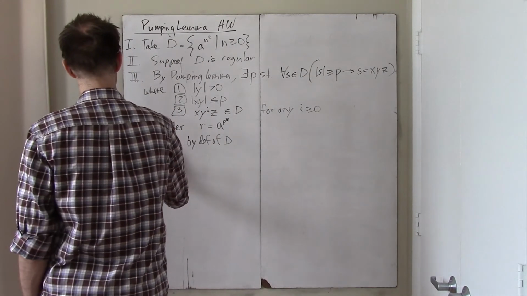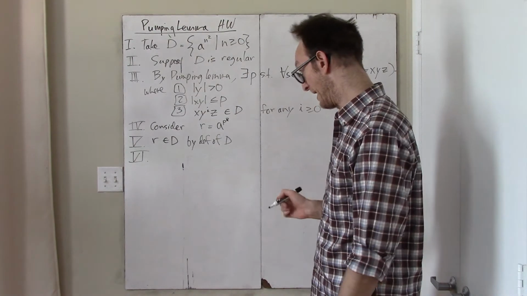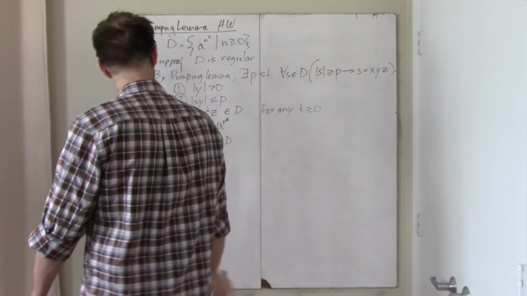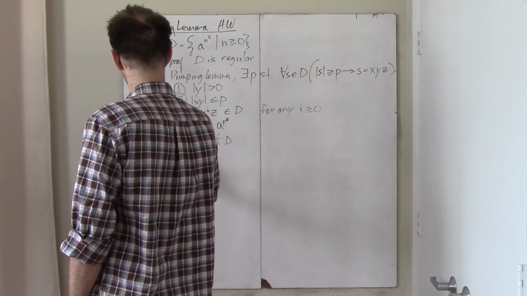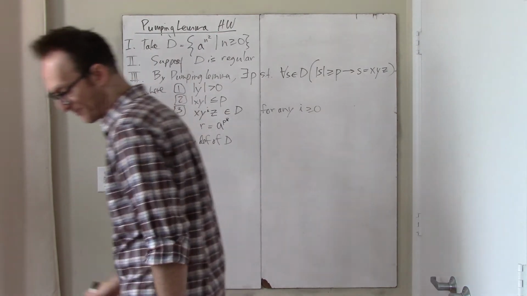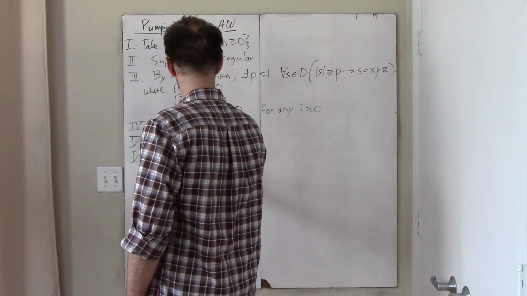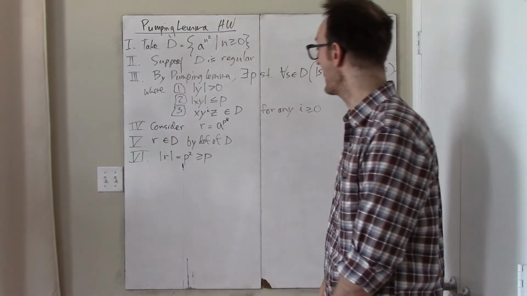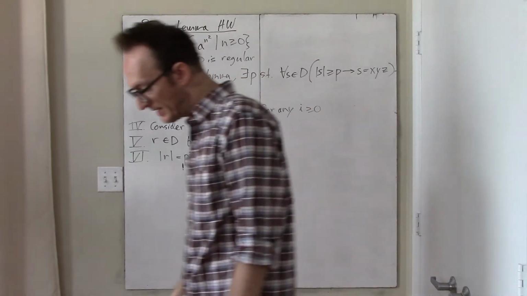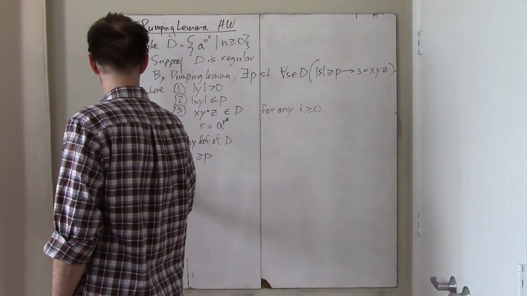What else is good about this string? Well, it's very, very long. The pumping lemma applies to very, very long strings in D, and in fact, the length of R is p squared, which is in fact bigger than or equal to p. Okay, so the pumping lemma applies. And now, what do we do next? Oh yeah. Okay, so now what does the pumping lemma say?